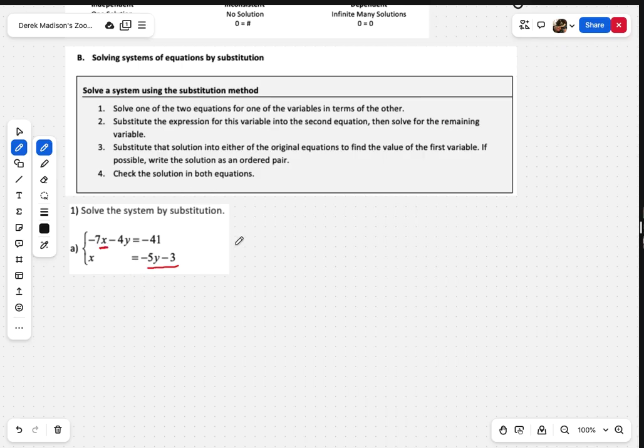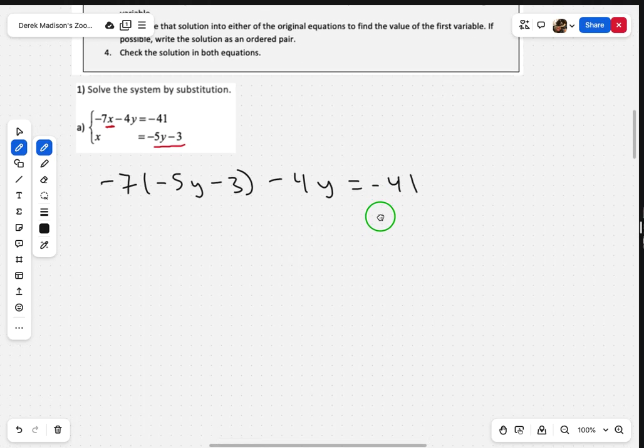So let me show you what that will look like in practice. We're going to have negative 7, but instead of x, now we're going to let minus 5y minus 3 stand in for that x, and then minus 4y equals negative 41. And then we just have to solve that out.